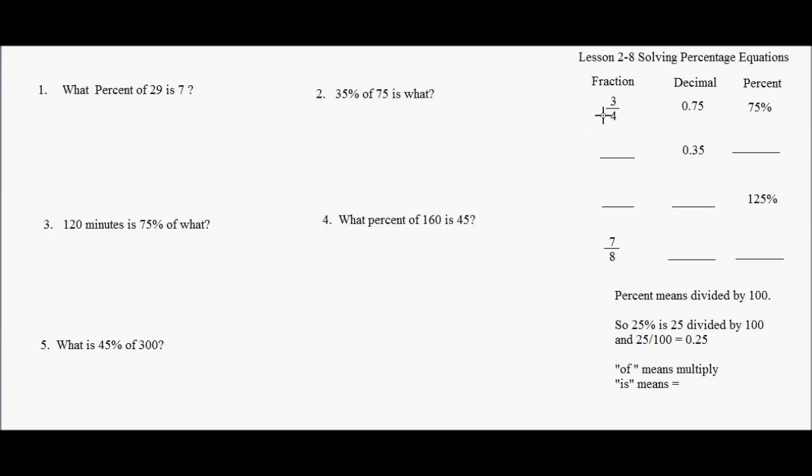So 3/4 is the same as 0.75. Now the way we get 3/4 to be 0.75 is we just divide, and we divide 3 by 4. And a lot of the long divisions, long gone.